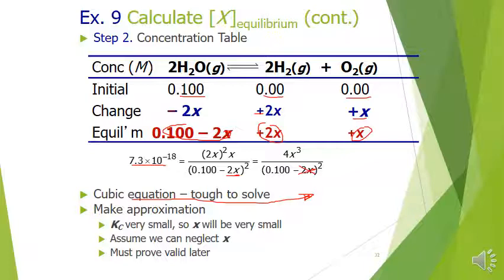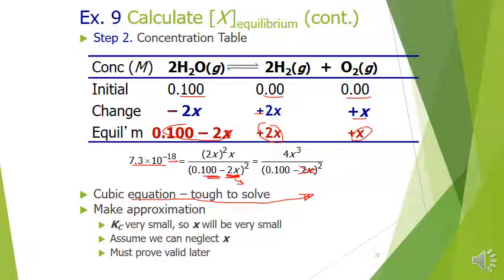Typically, there are assumptions here. If this number is very, very small, then it's hardly going to have any change at all on this concentration here. One way to check is if this number here is 1/1000th of this value here.